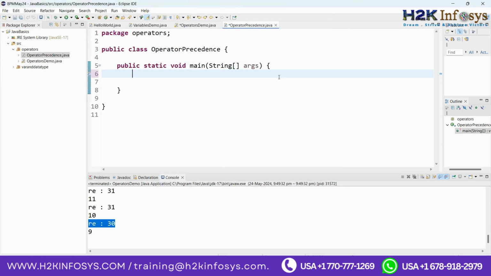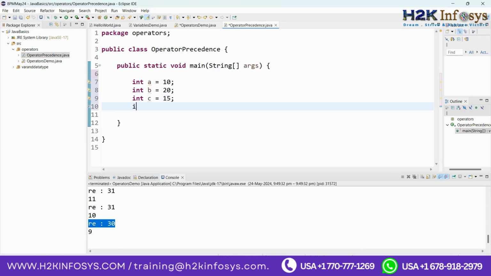Now tell me, if I have an expression something like this: int a equal to 10, int b equal to 20, int c equal to 15, and int result equal to 0 initially.